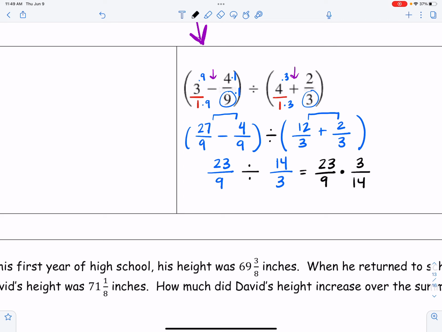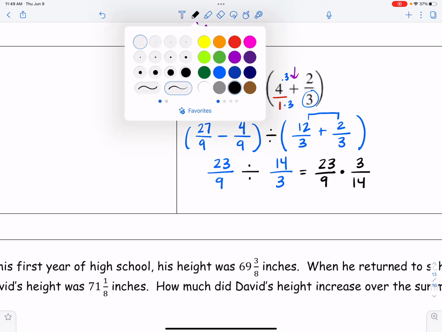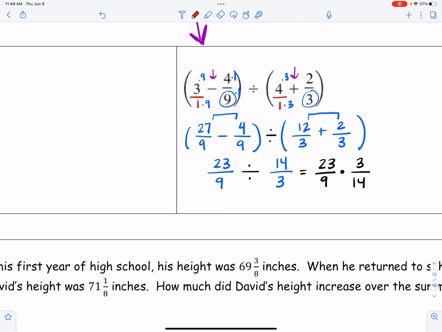Now, a little shortcut here. If you have common factors between your numerator and your denominator, you can go ahead and divide those out here, or you can wait until you get to the end. And I find it's a little bit easier to go ahead and do it as an intermediate step. So what I mean by that is when I look right here, there's a common factor between the numerator of 3 and the denominator of 9. It's a 3.